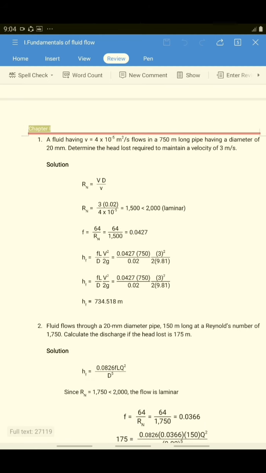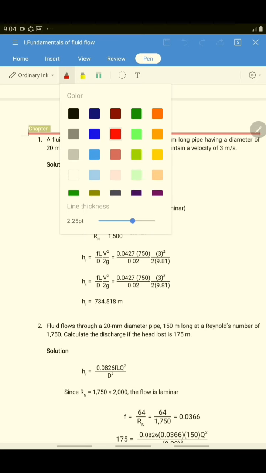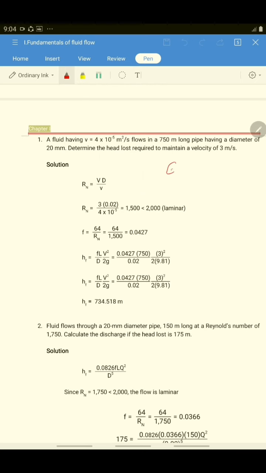So here, you have first to list down the given. Okay?